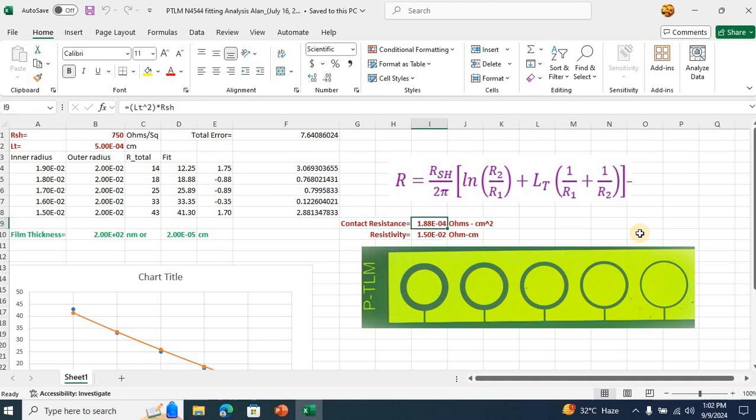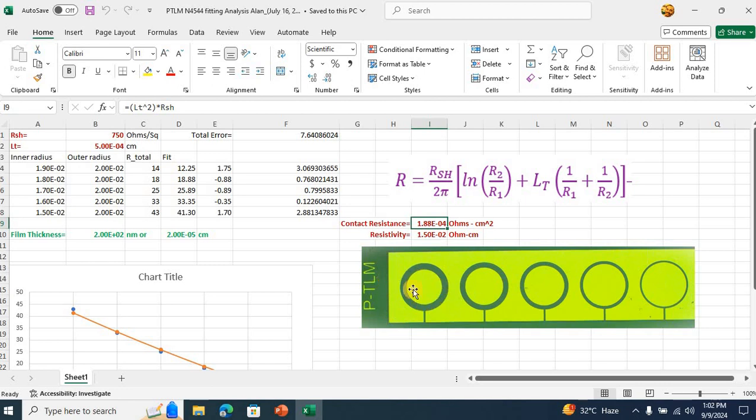I'm not going to go into the details of the film, otherwise it's going to take an extensive amount of time. Here is the CTLM pattern for the contacts deposited on the film. I've got a spacing of 10 micrometers for the first contact, 20 micrometers for this one, 30 micrometers for this one, 40 micrometers for this one, and 50 micrometers for this one.